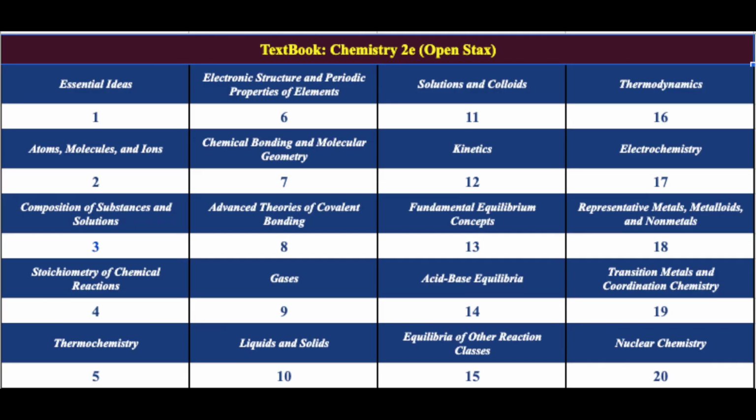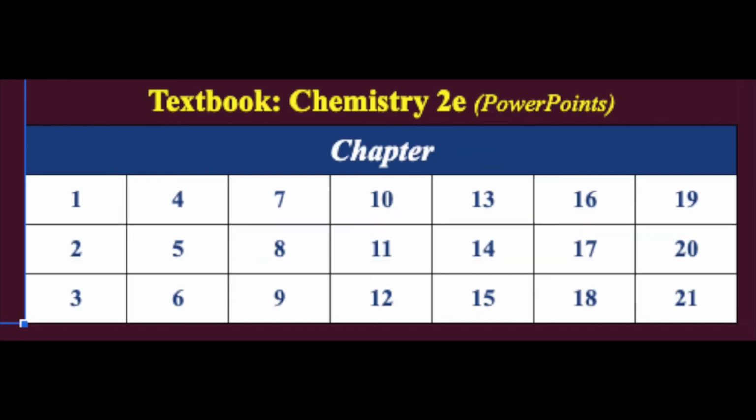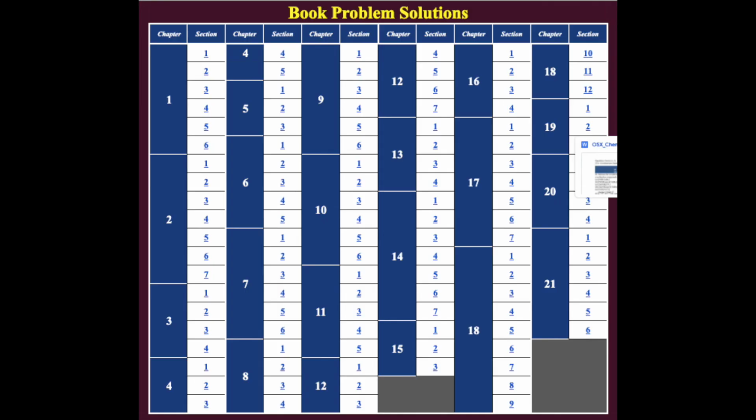And here is another list of each chapter in the book that you can access electronically to look at the book online, and then the PowerPoints for each chapter are listed here. Again, those are all links. And then the solution manual for every section in each chapter. For instance, the first unit is chapter 2 and 6, and you can access all of those solutions.